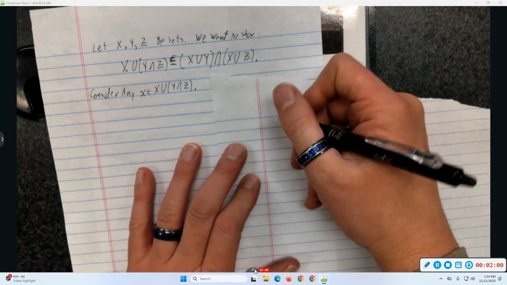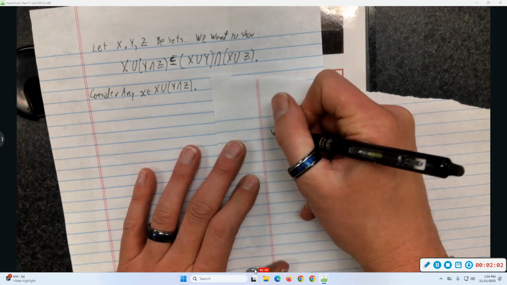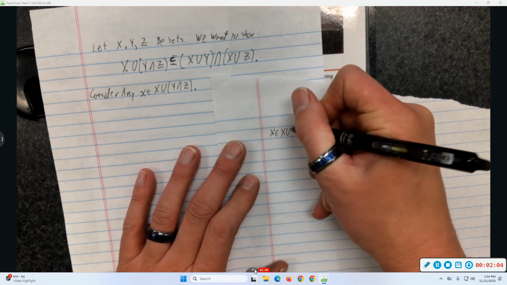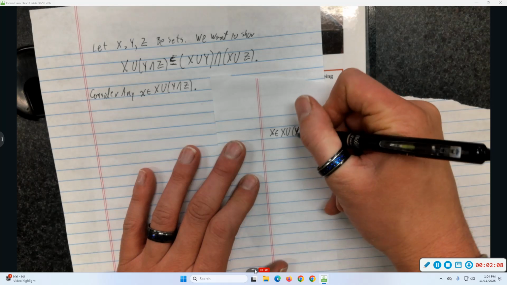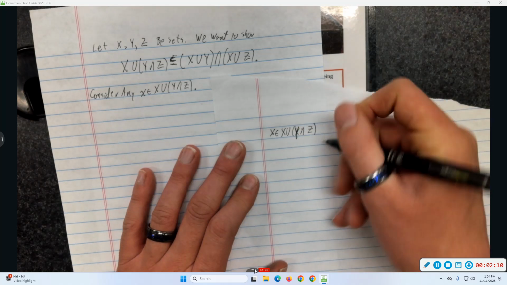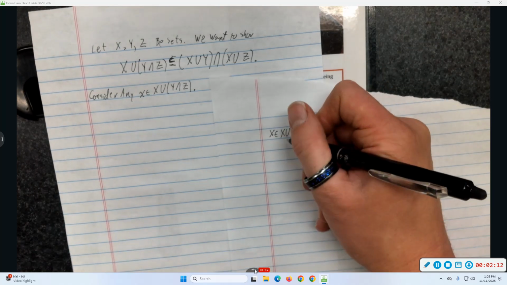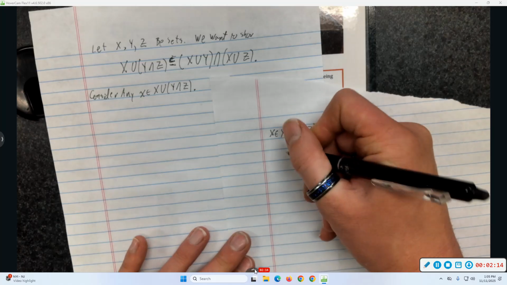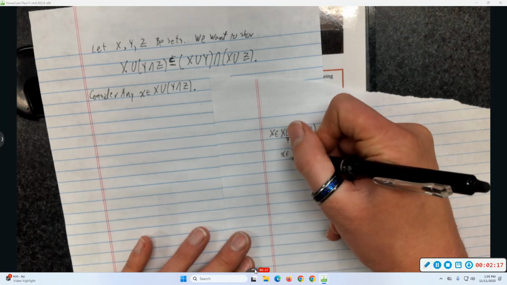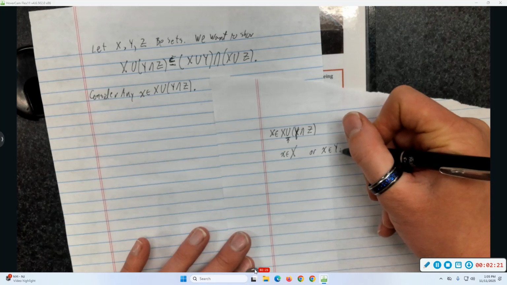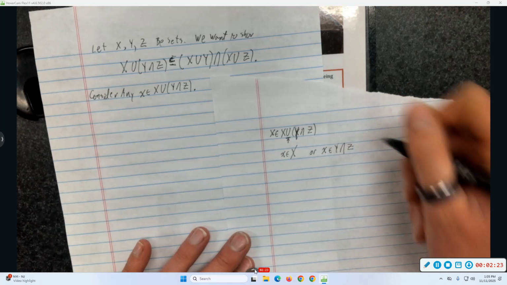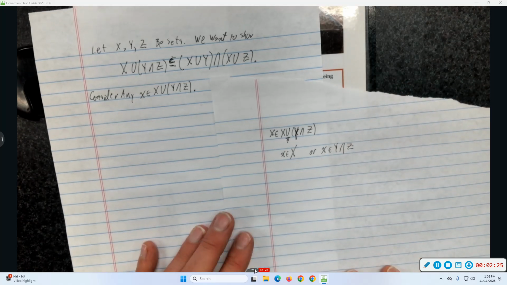Let's remember what that means. Right now I have x is in X union (Y intersect Z). I've got a union symbol there, so that means x is in X or x is in Y intersect Z. That looks like maybe I'm going to have some cases.